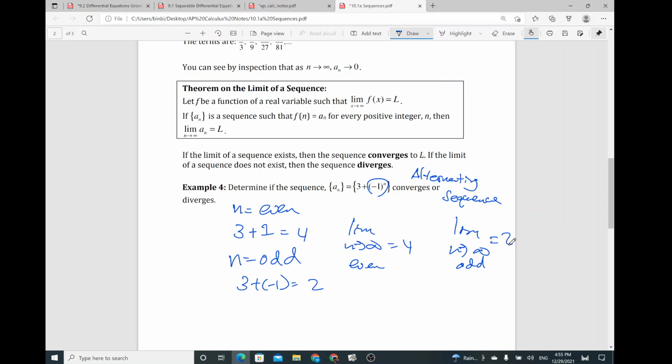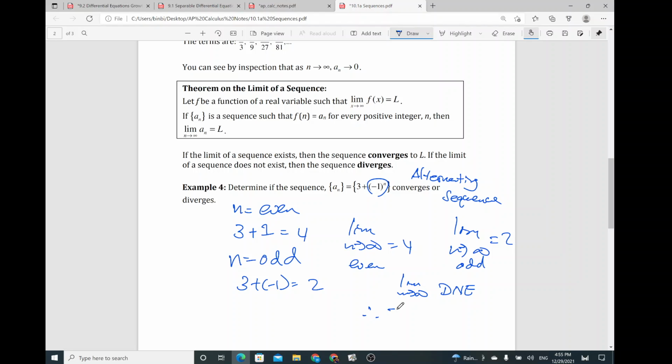That's an inconsistent limit, so the limit does not exist. If the limit does not exist, the sequence is considered divergent.